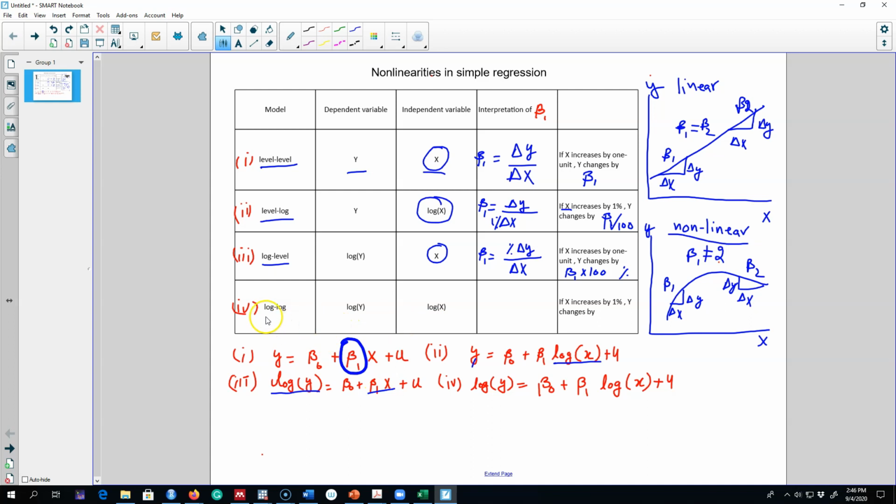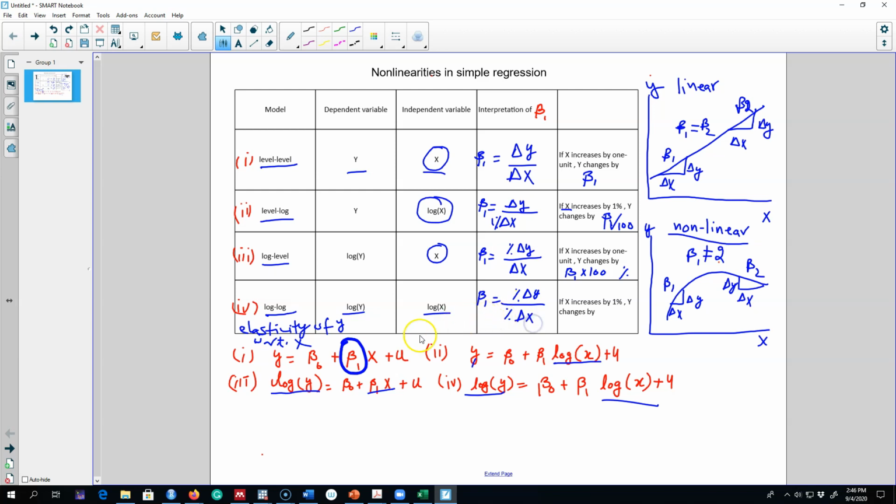And finally, this is the model that we use extensively in applied econometrics, and this is called the elasticity of y with respect to x. In this case, you take the log of both x and y variables. If you're using this type of model, the interpretation of beta 1 is that beta 1 equals the percentage change in y due to a percentage change in x.